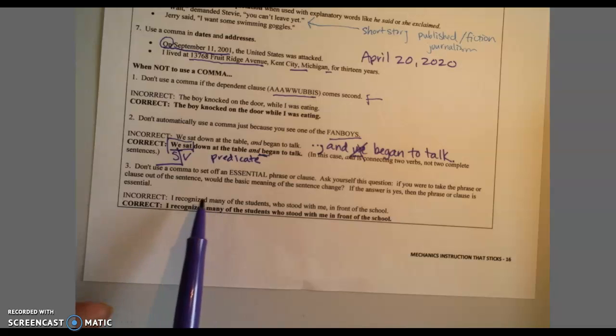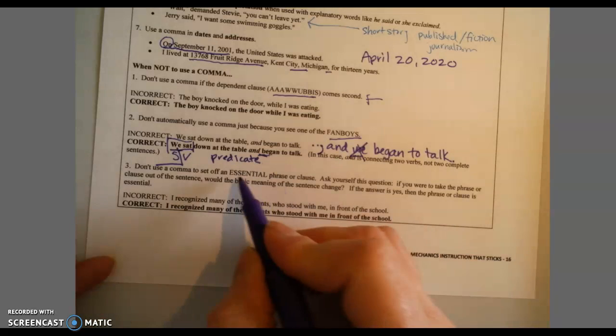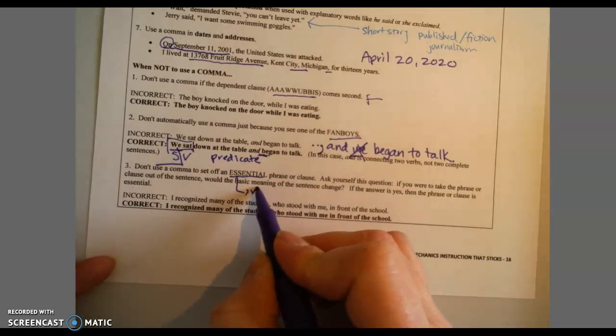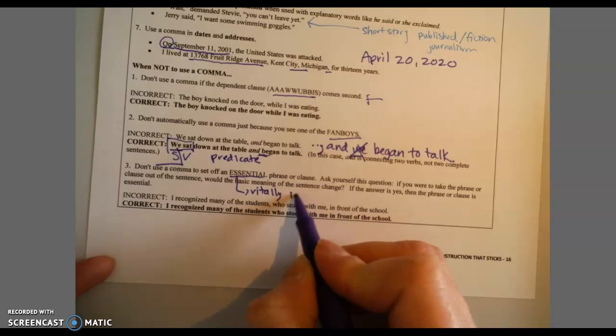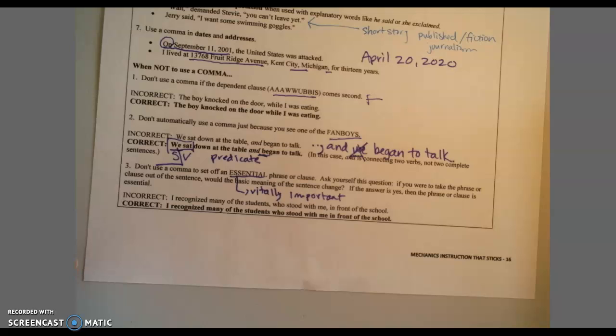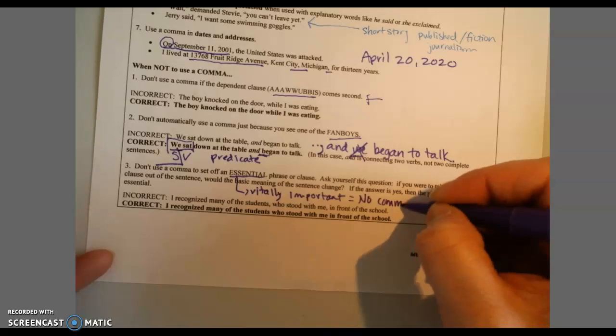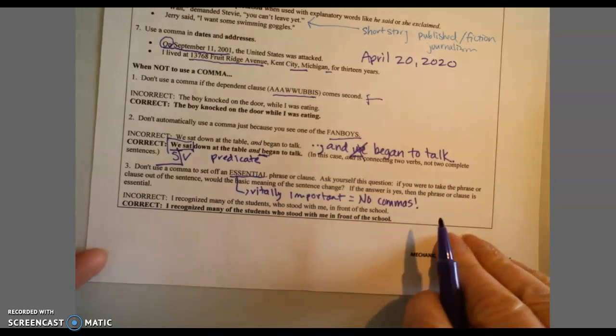And then this one is a little more sophisticated. We don't use commas to set off an essential phrase or clause. Essential means vitally important. Okay? So if the information is vitally important to the clarity and understanding of the sentence, there are no commas. Okay?